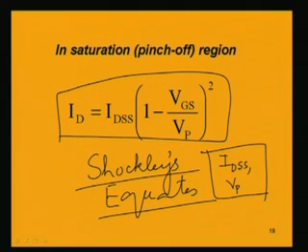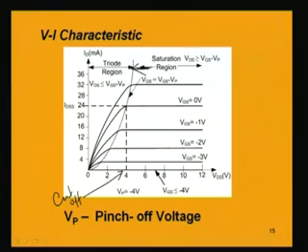It is not a straight line equation, it is a non-linear equation given by this square term, and that is very obvious. We could see in the plot of current versus voltage that it is a non-linear curve only. The value of ID depends on IDSS.